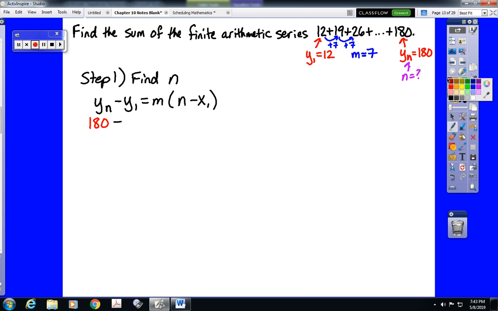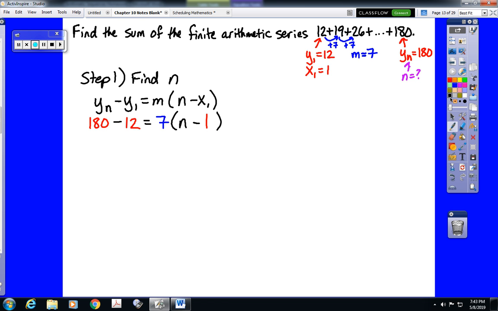Again, those are in red because I marked them in red earlier in the page. Equals, we know that the common difference is 7. We do not know n, but we know that the first term is 12, which means x sub 1 is 1.